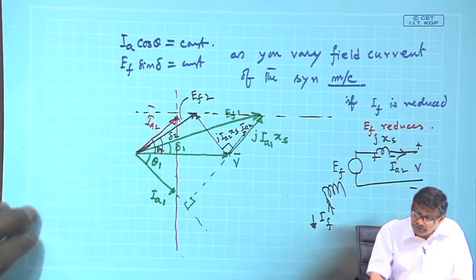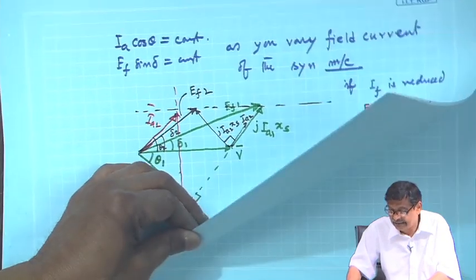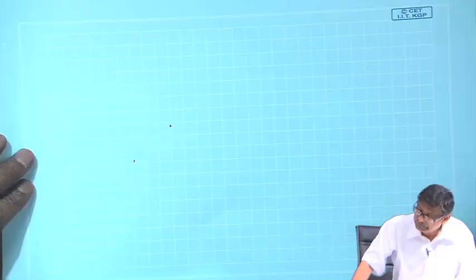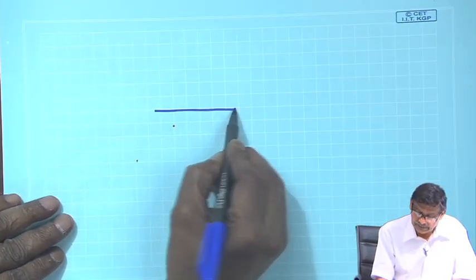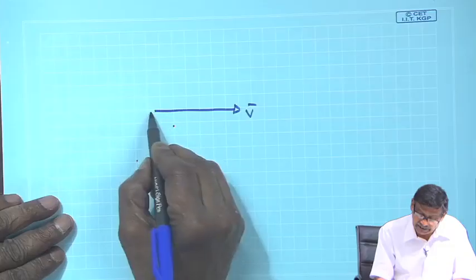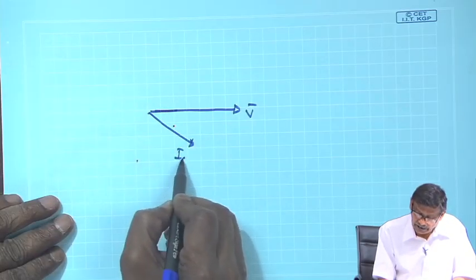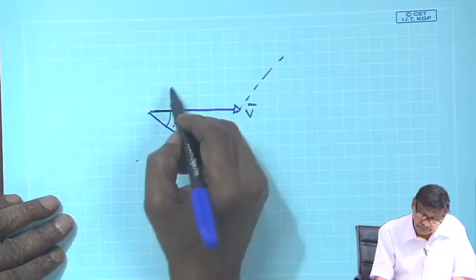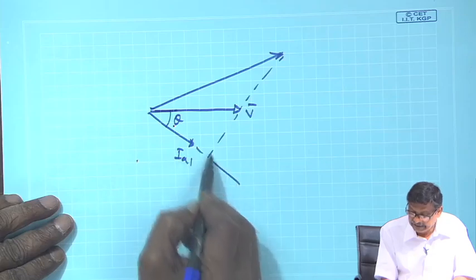Got the point? So, I will just draw that case, and then I will stop here. I will do this for the motor as well. Suppose this is V, very quickly, and this is the initial operating point I_a1, theta 1, and V plus jI_a1 x_s is your E_f1, this angle is 90 degrees.